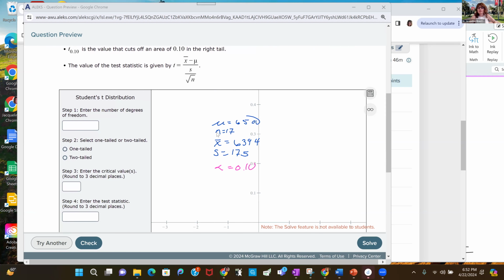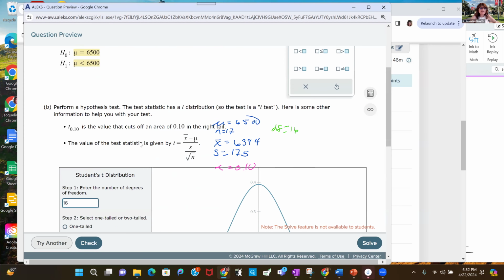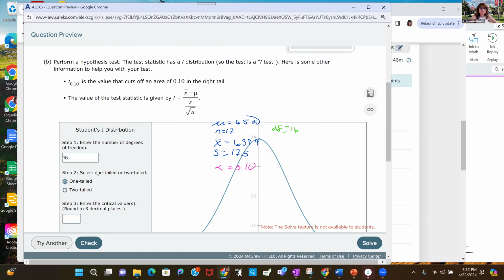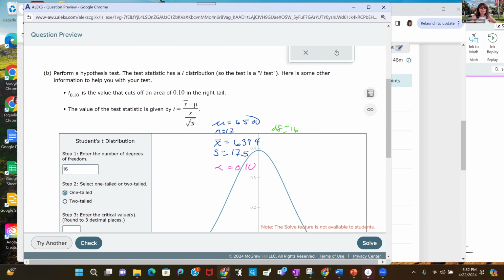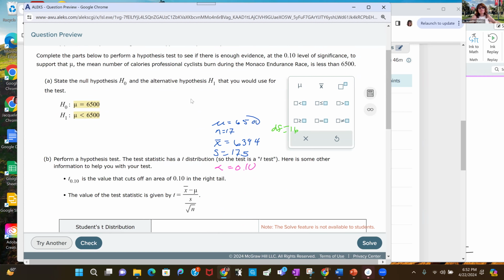Okay, so since n is 17, the degrees of freedom is one less than that. Notice when you put in the degrees of freedom, the graph for the distribution is drawn. This is a one-tailed test, and now it's alpha of 10%.